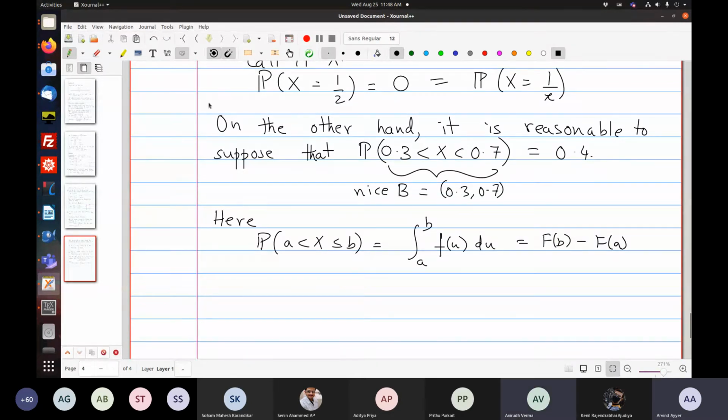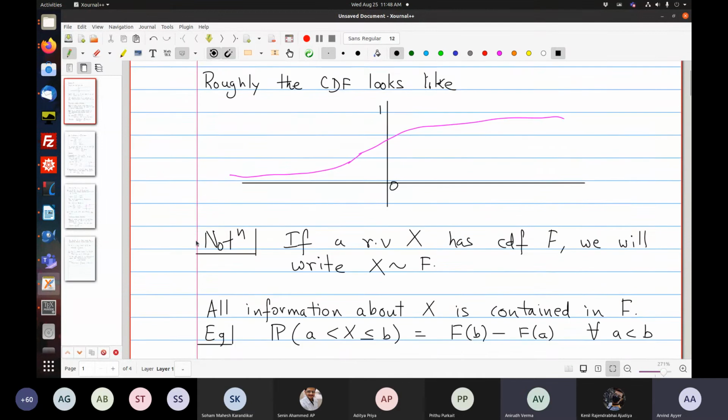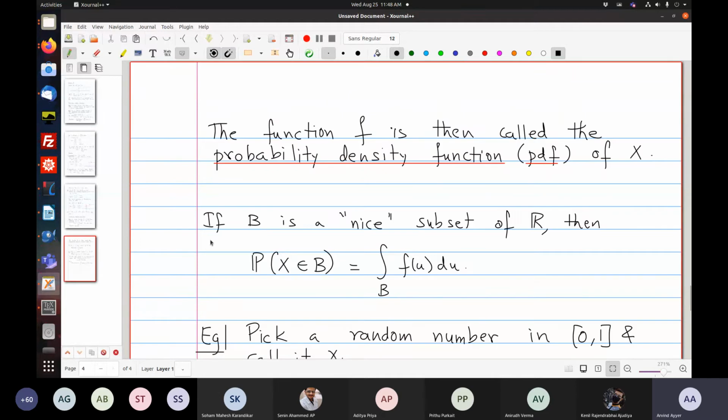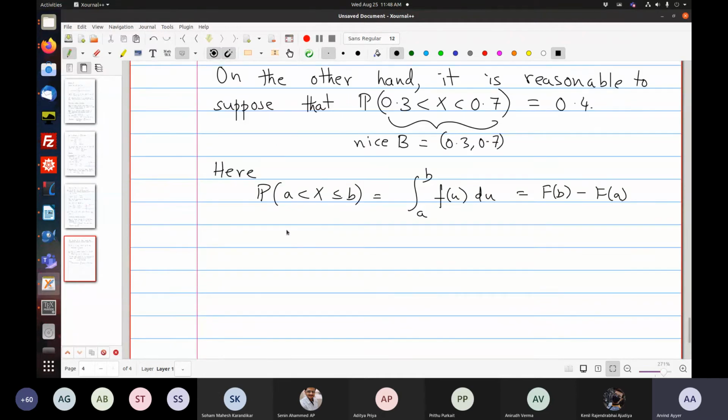This thing that I mentioned at the beginning is always true, regardless of what kind of random variables you are dealing with. Now you can see something a little more funny.